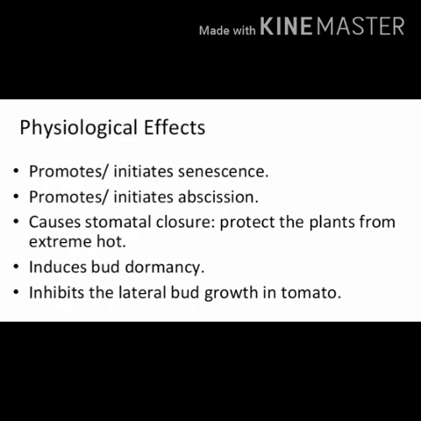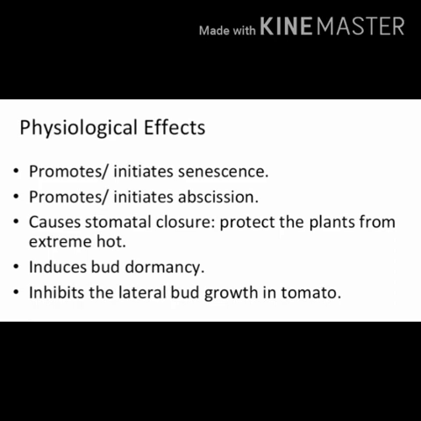Stomatal closure. So already we saw this hormone helps the plants to tolerate stress. So when the plant is in stress, that is, when the plant is in a drought climate, these hormones help and cause stomatal closure.